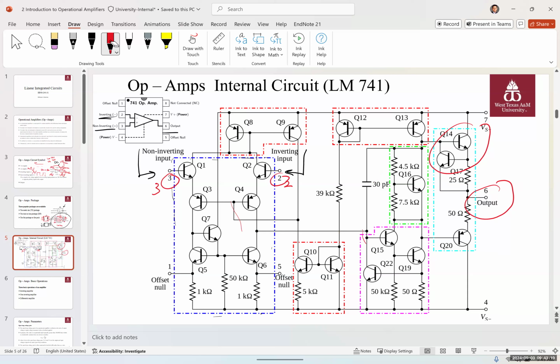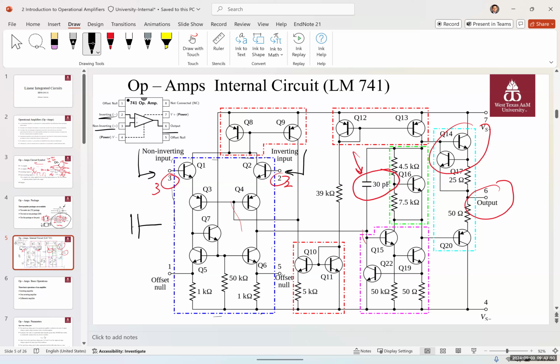One thing that we have in this amplifier, which I want to point out, is these coupling capacitors. The coupling capacitors determine the cutoff frequency of an op amp. And the way that a capacitor works is that if we have a DC signal, it's not going to pass a capacitor.